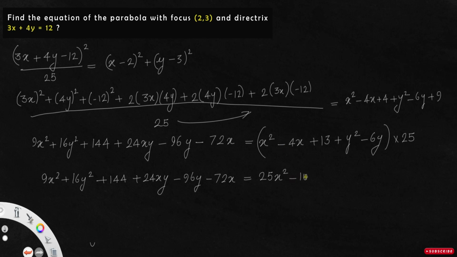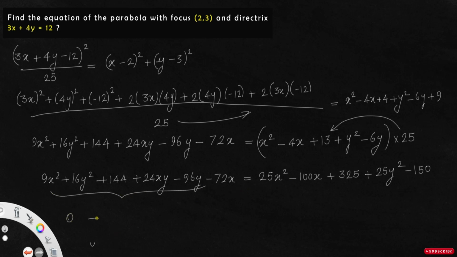minus 100x plus 13 into 25, 12 into 25 is 300, so 300 plus 25, 325, plus 25y square minus 150y. Okay, it's better you take this whole term to the right.